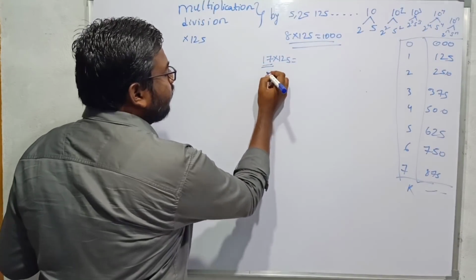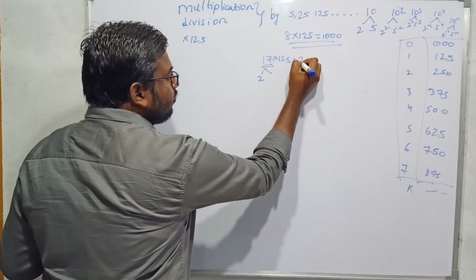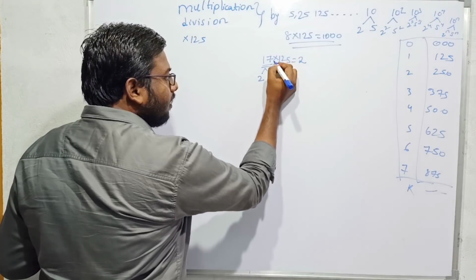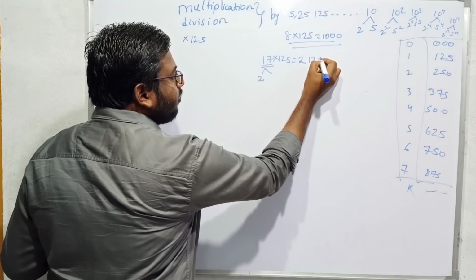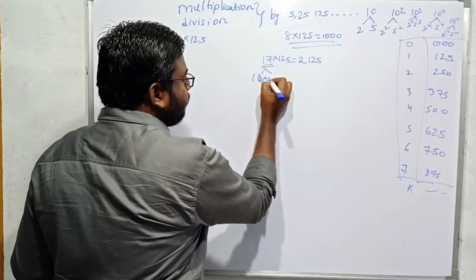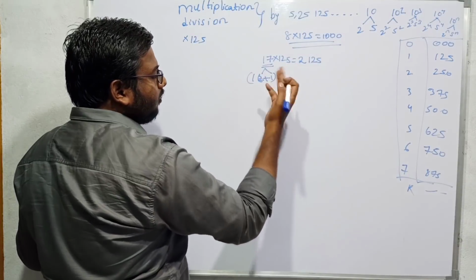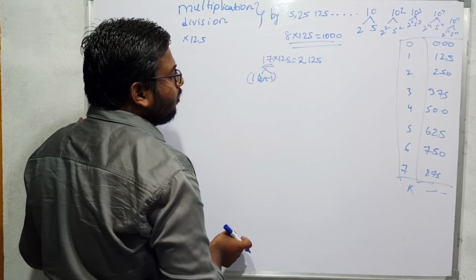How many 8s are there in 17? There are 2 eights. So this will be 2000, and here 1 is the remainder. 1 into 125 is 125, so 2125. You can also calculate this based on the distribution method: 125 into 16 is 2000, and 125 into 1 is 125, so 2125.